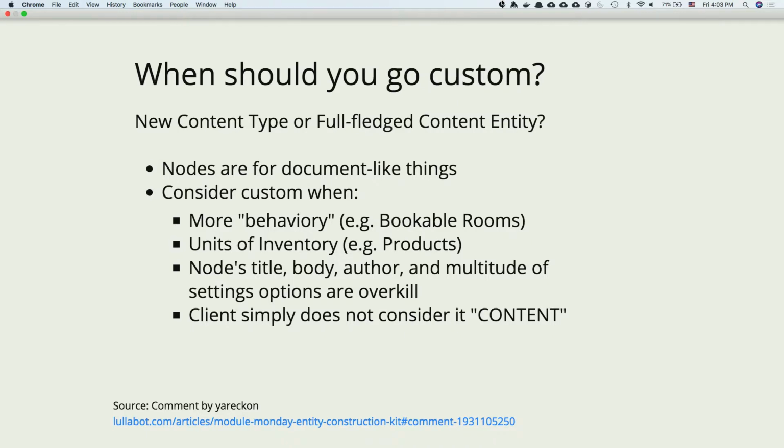You might consider a custom entity when nodes' pre-configured properties and fields and all the things that come with nodes might be too much for what you're working on. It's got a title, a body, an author, a multitude of settings and options that might just be considered overkill.